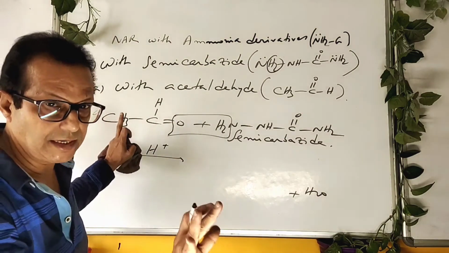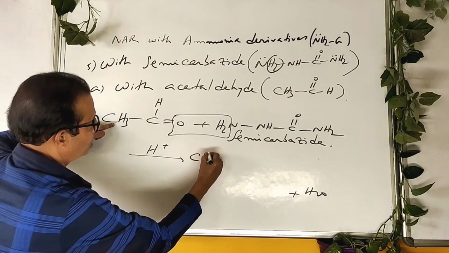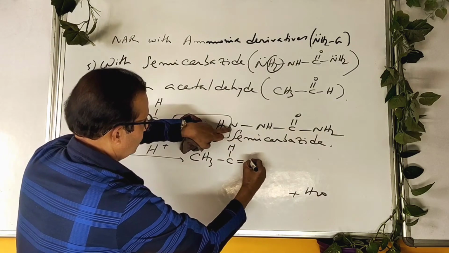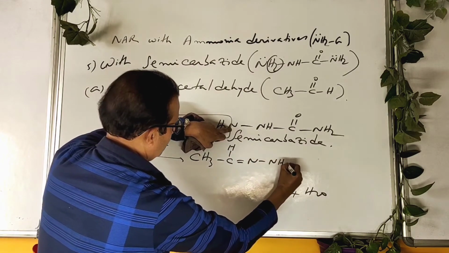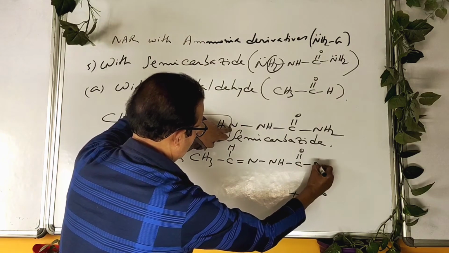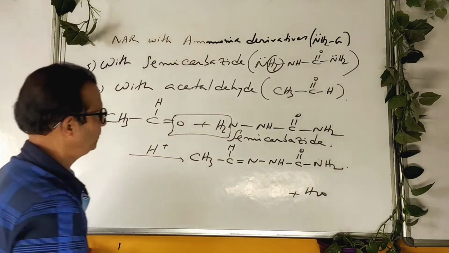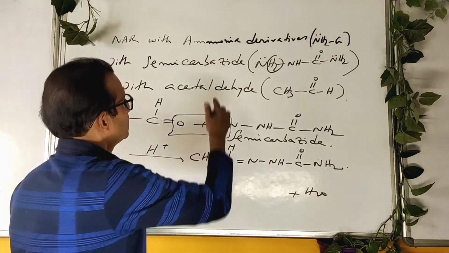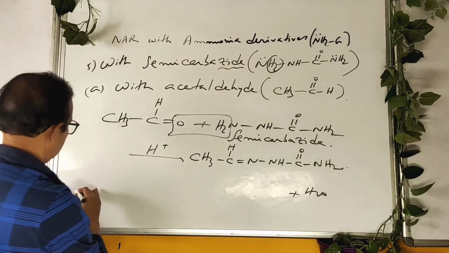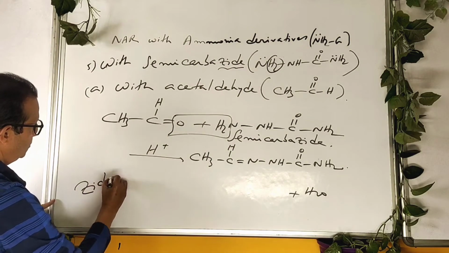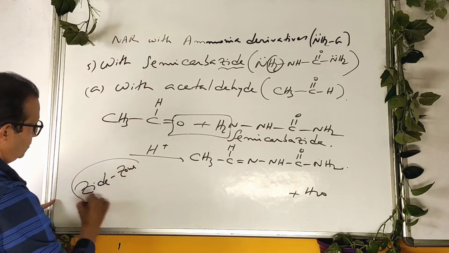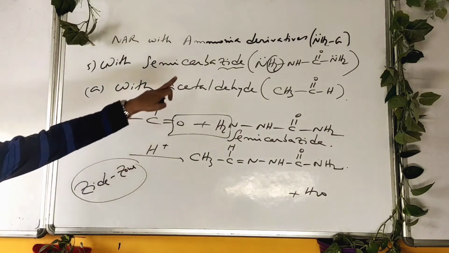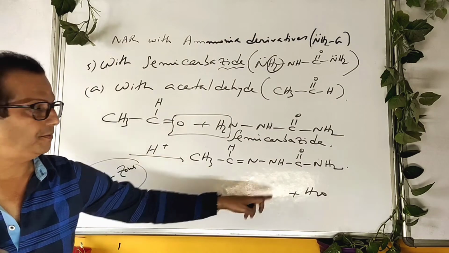What you see, write as it is. So the name of this compound is: this is the technique, write "semicarbazone" in the product name.